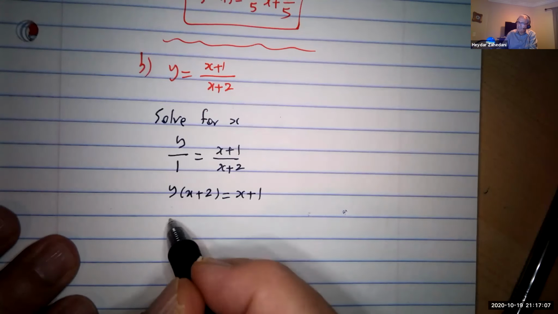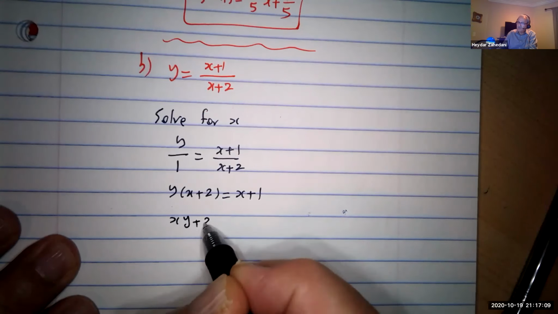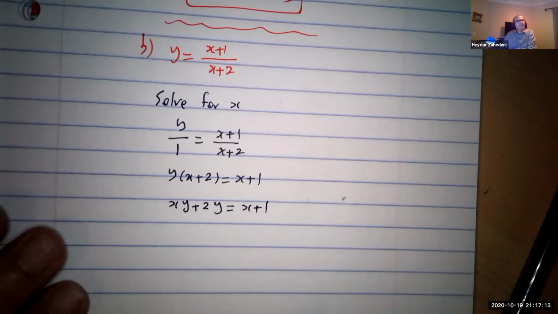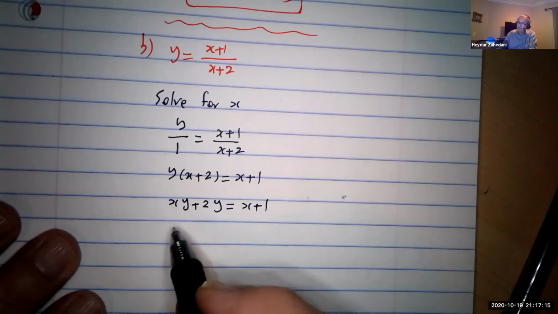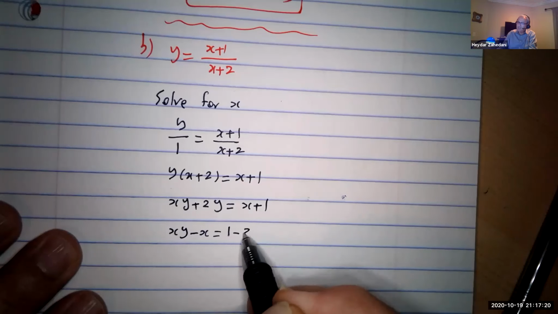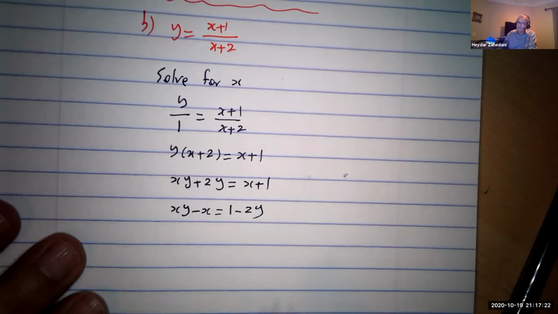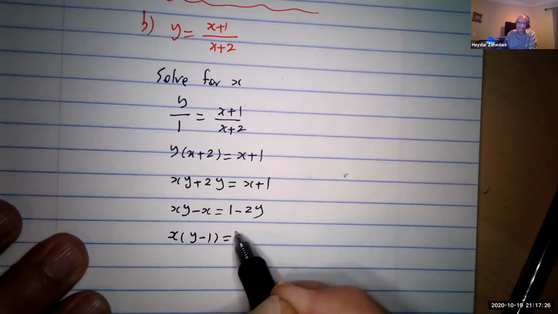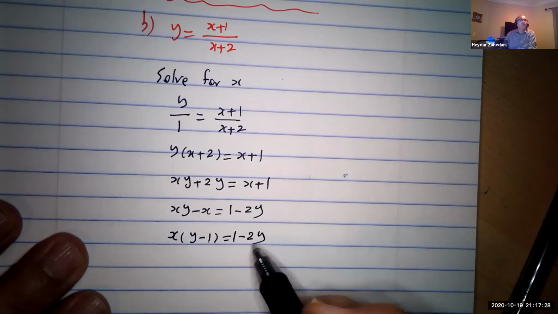Multiply it. It's xy plus 2y equal to x plus 1. Remember, you want to solve for x, so you put the x's together and the y's together. You want to find the x, so factor out the x: x times y minus 1 equals 1 minus 2y.